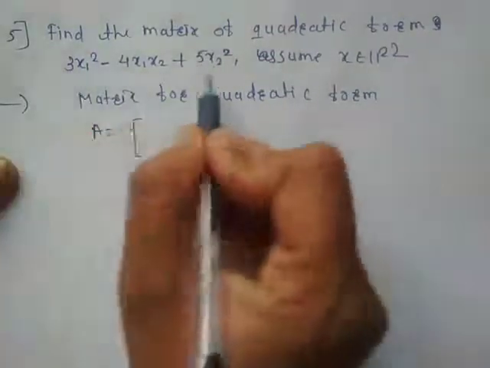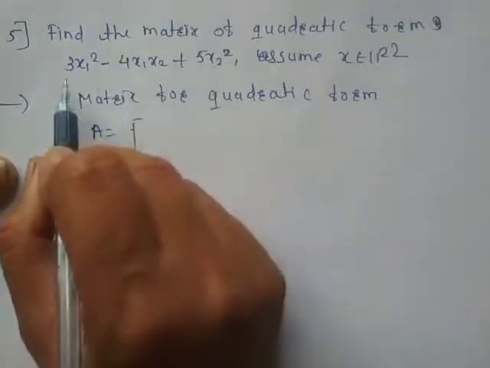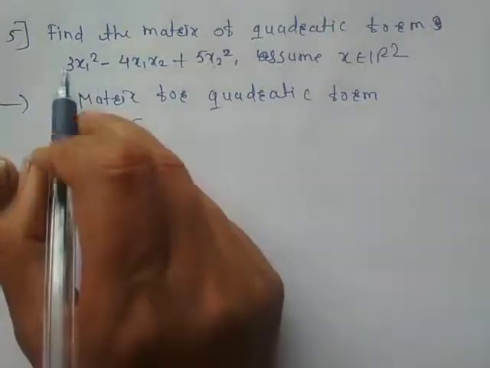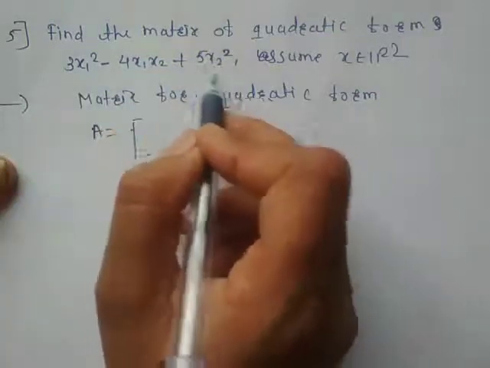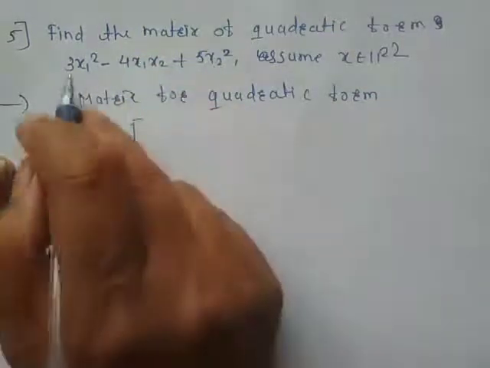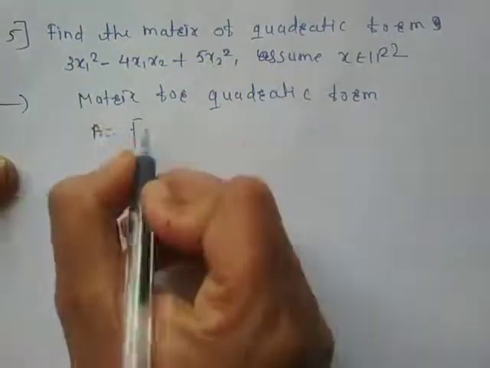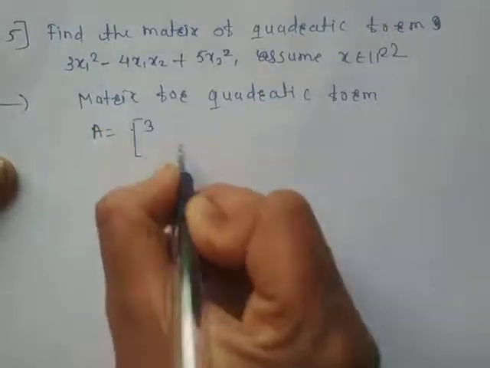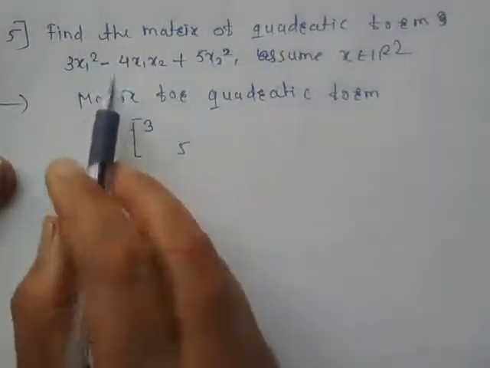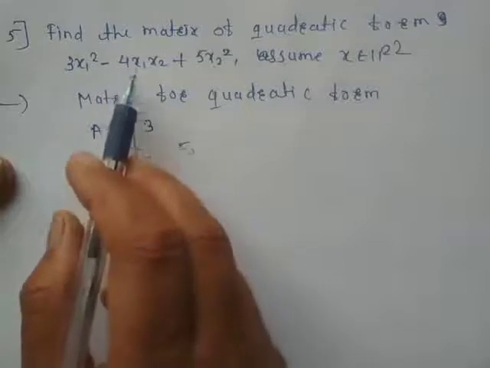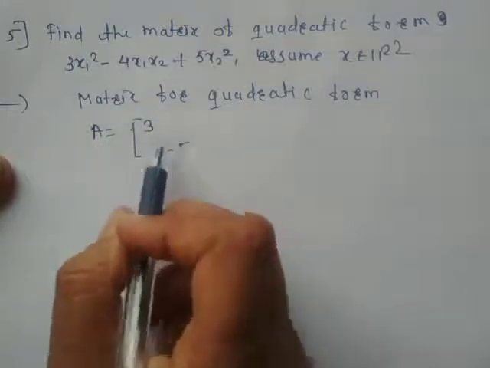Means these main diagonal entries. The coefficients of the square terms are the entries of the main diagonal. Means here 3, 5. Now we have to write down the non-diagonal entries.